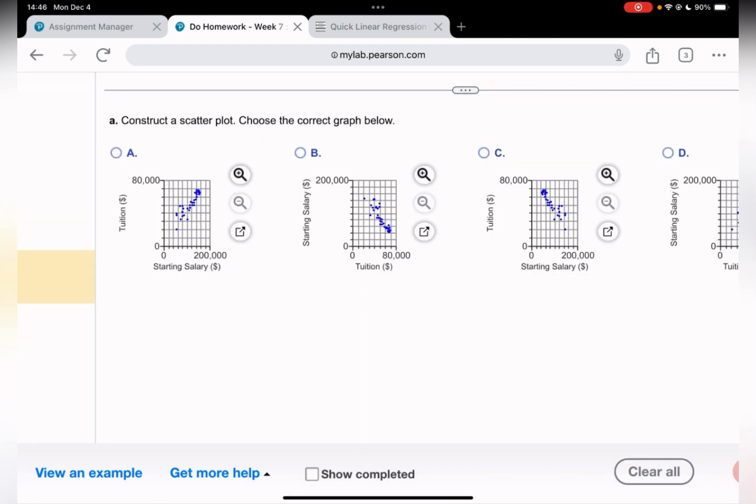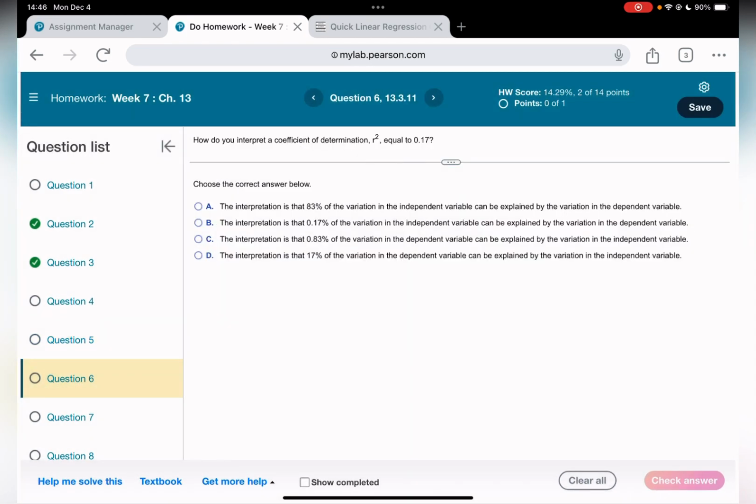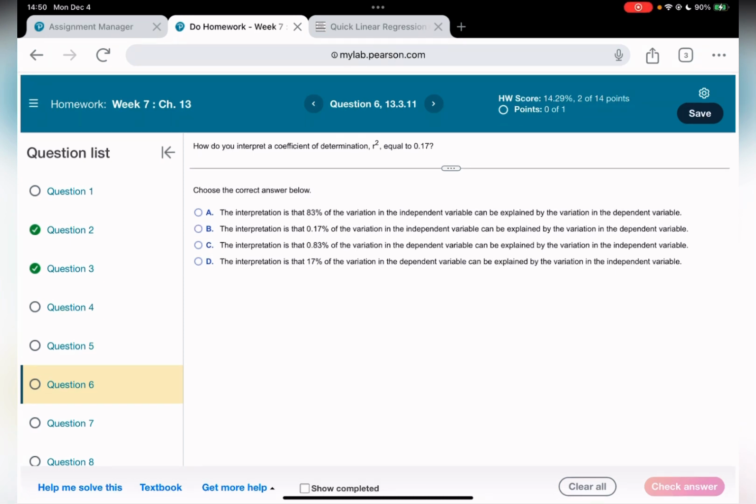Okay, question number 6. How do we interpret the coefficient of determination? First of all, what is the coefficient of determination?